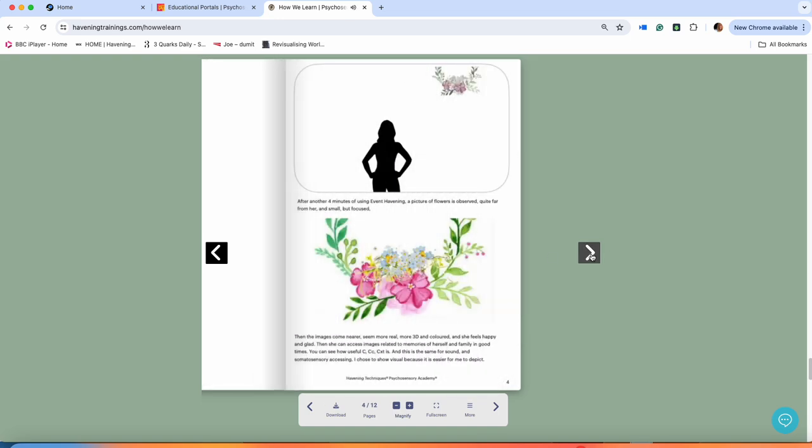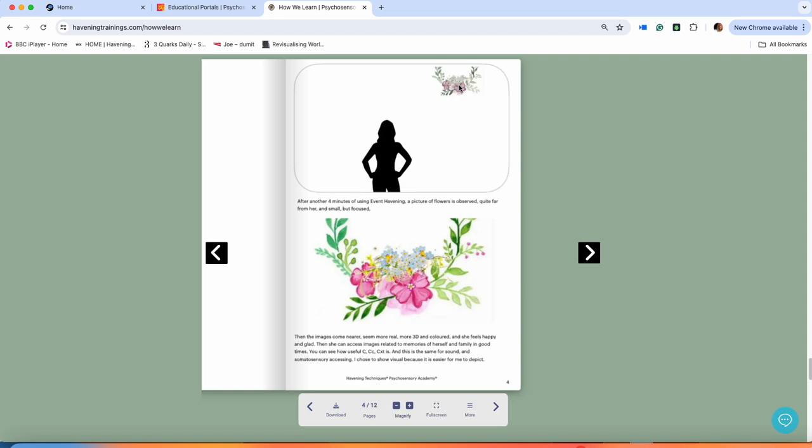And then she saw some flowers, they were sort of monochrome, they were far away. And then these were the flowers that she wanted to give at her grandmother's funeral. And so there's this beautiful bunch of flowers which became brighter and stronger and clearer.